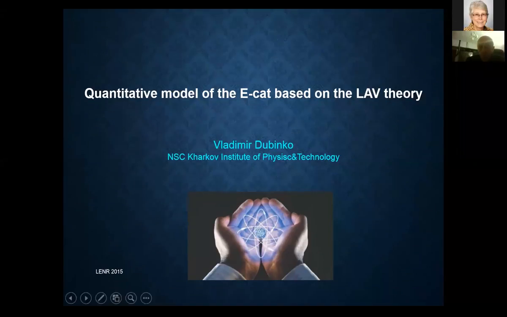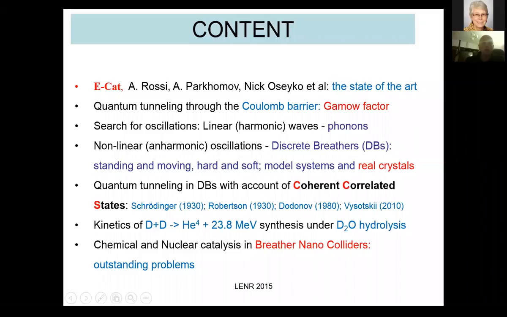So we will discuss shortly some replications like Rossi, Parkhomov, Nikaseyka, and then proceed with some short theory on why it's so difficult to tunnel through the Coulomb barrier at low temperatures. And actually we will try to find the way out of this difficulty, introducing the new concept of discrete breathers.